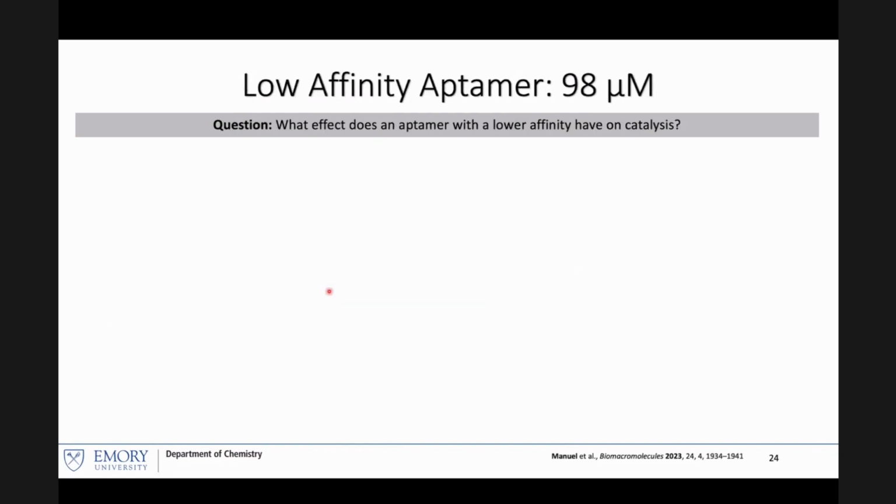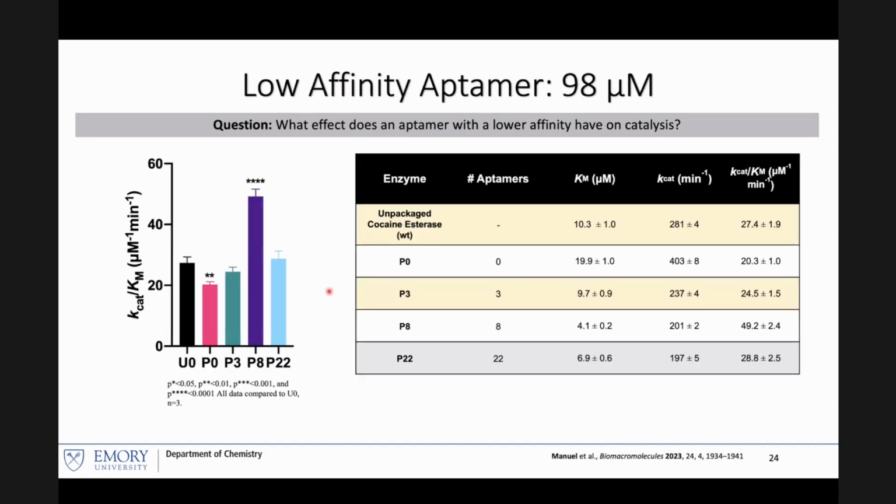Okay. And so finally, the first question we had was, what effect does an aptamer with a much lower affinity than our enzyme have on catalysis? Okay. And this is a lot, and I promise I will break this down. But just briefly, again, P0 is going to be package 0. P3 is package with 3 aptamers, P8, P22, and so forth. Kcat over Km is going to be our enzyme efficiency.